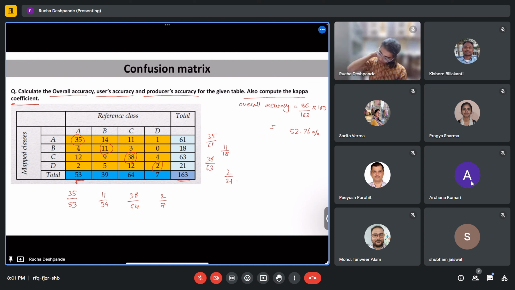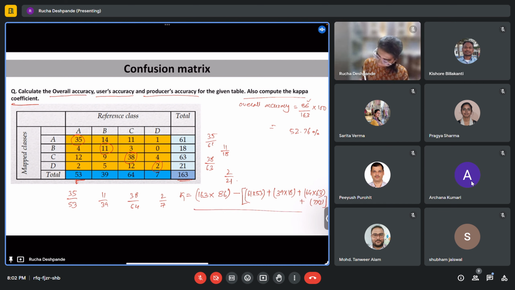And for the kappa coefficient, we'll have 163 into 86, the total number of pixels which are rightly classified, minus B. B would be 61 into 53 plus 39 into 18 plus 64 into 63 plus 7 into 21.